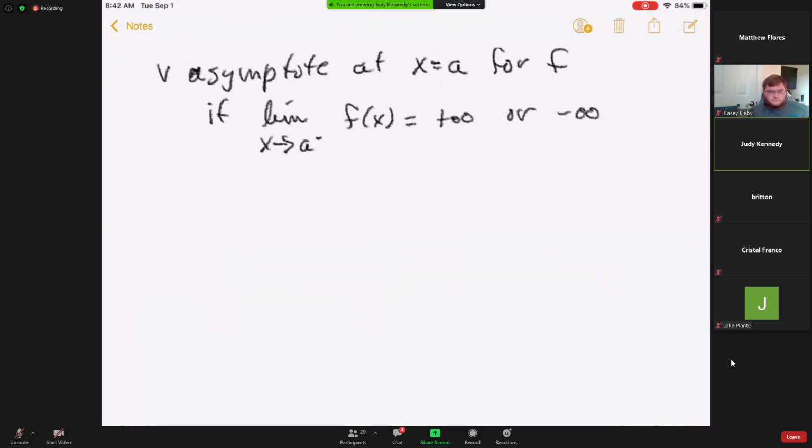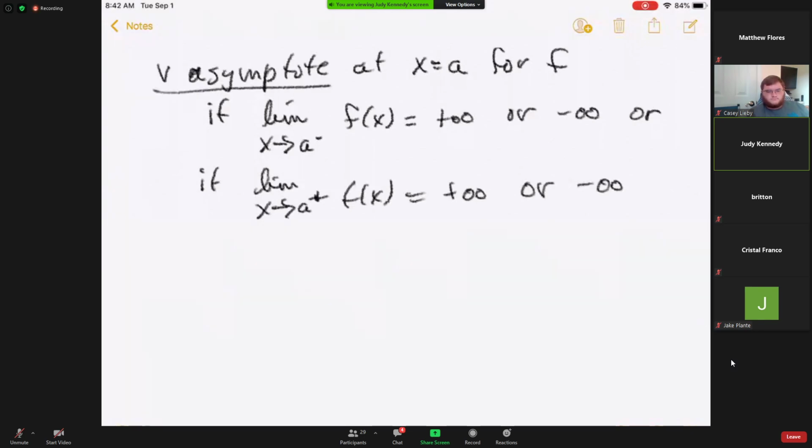If that happens, you have a vertical asymptote. Or if the limit as x approaches a from the right of f of x is plus infinity or minus infinity. That's when you have a vertical asymptote.